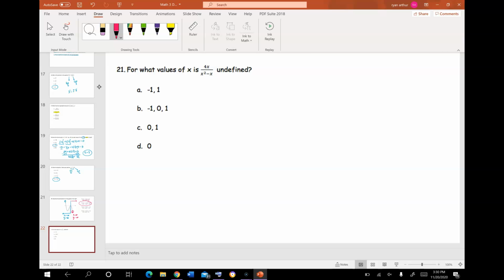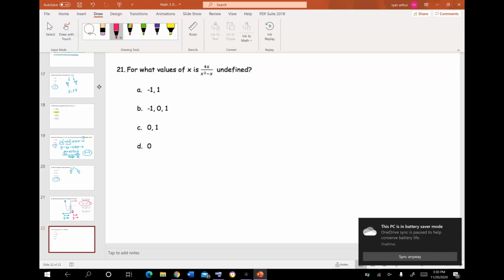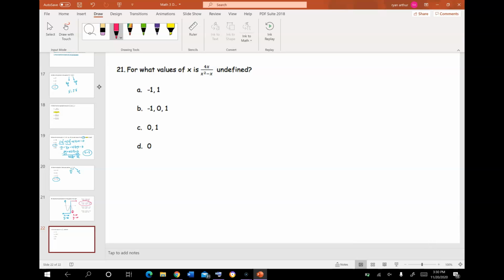This one says for what values are undefined. To find that, you have to actually solve your denominator. Okay, we didn't talk much about this. But anytime something's undefined, it is when the denominator equals 0.